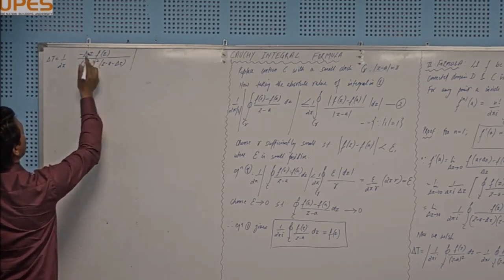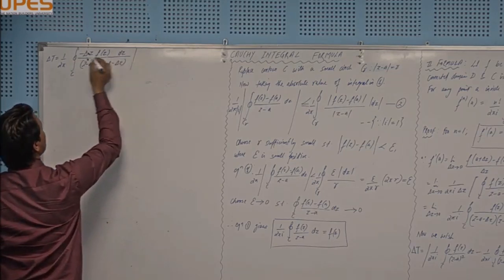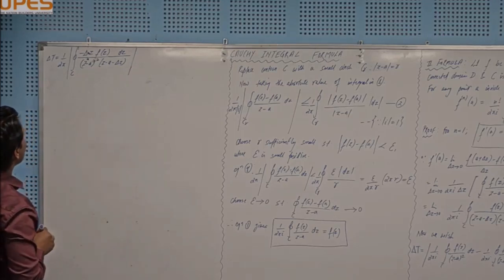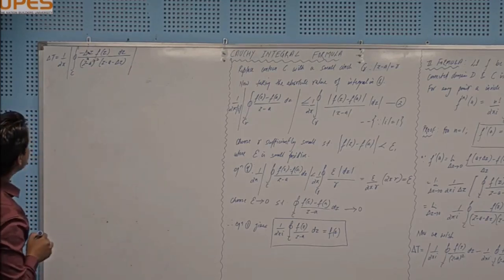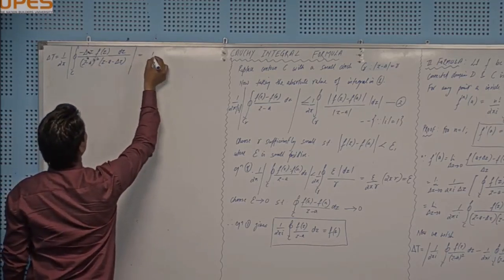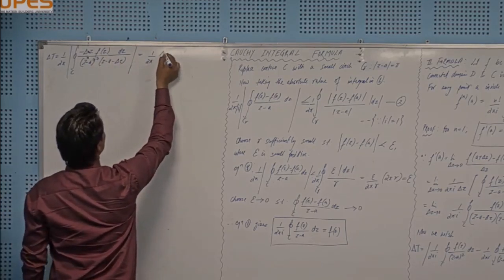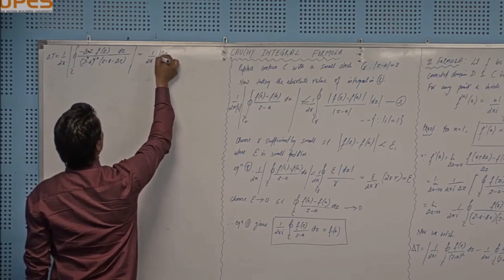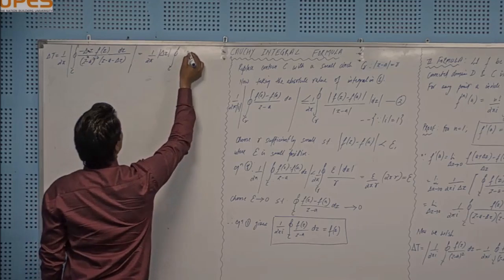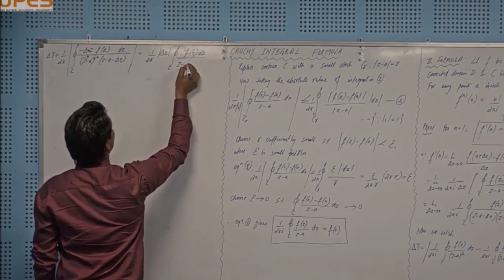Put an integration over C, dz. This becomes 1 over 2 pi, mod delta z, and the integral over C of f(z) dz over z minus a.